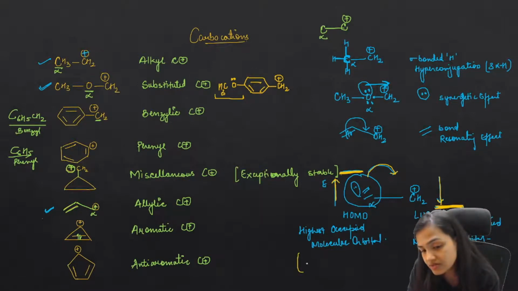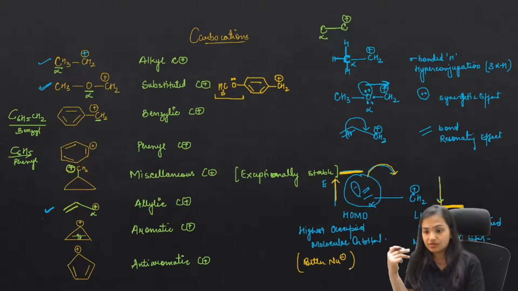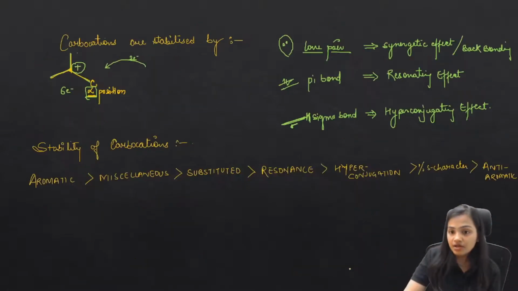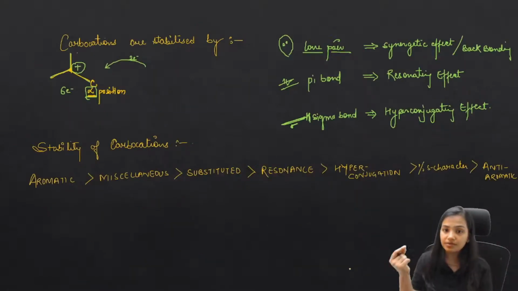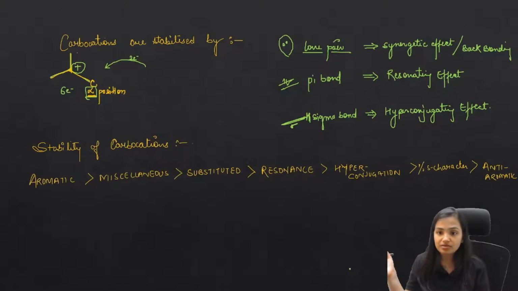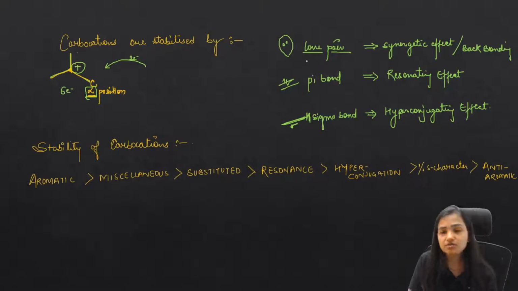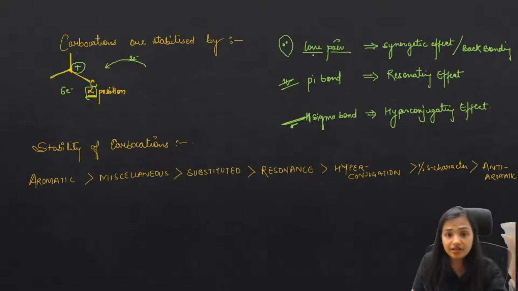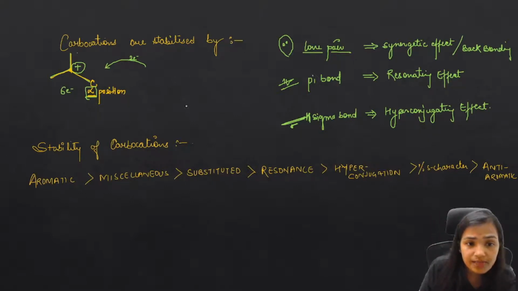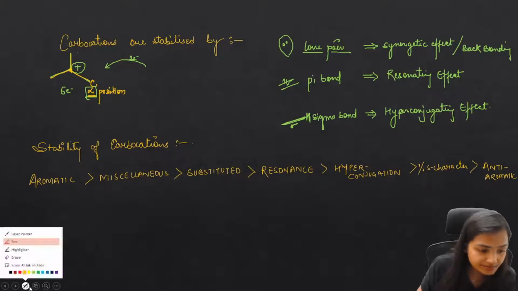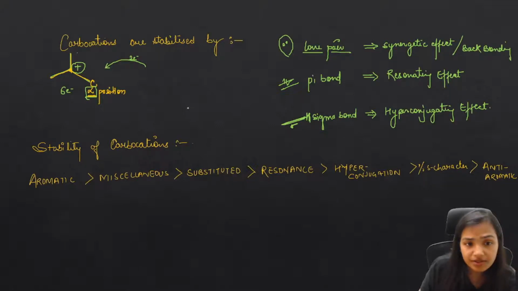So if I ask you which of the lone pair, the pi bond or the sigma bonded hydrogen atom is a good nucleophile, a good donor with a higher energy state, your order comes out to be: the lone pair is always a good donor, then the pi bonded electron, then the sigma bonded electron.